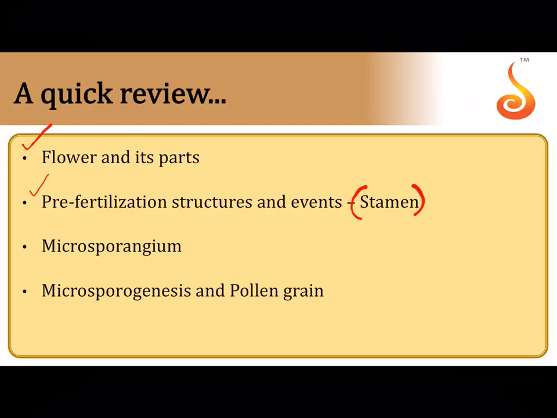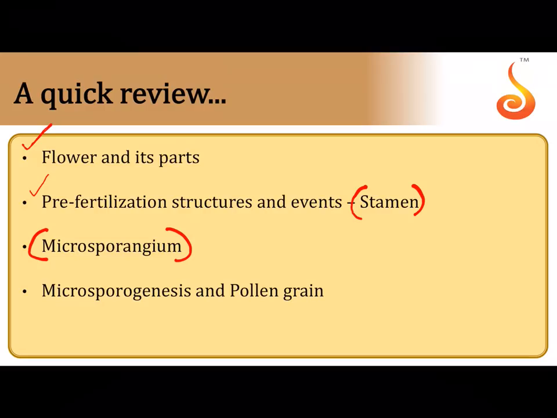We had seen that there are structures called microsporangia. How many microsporangia are there in a typical dithecous anther? There are 4 microsporangia. The microsporangium has a tissue in the middle called the sporogenous tissue, surrounded by 4 wall layers.